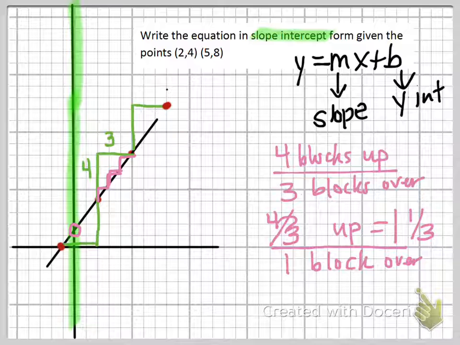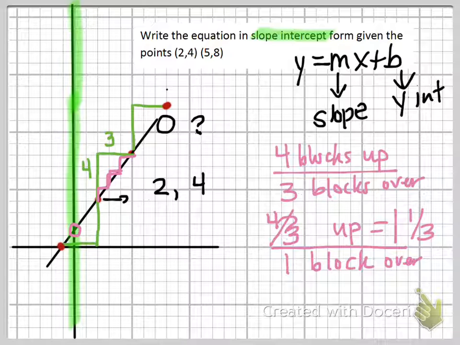Now, why might this be helpful to us? Well, we know the coordinates of the point here. We know that this point is (2, 4). What we need to know is, what is my y value when x is 0?